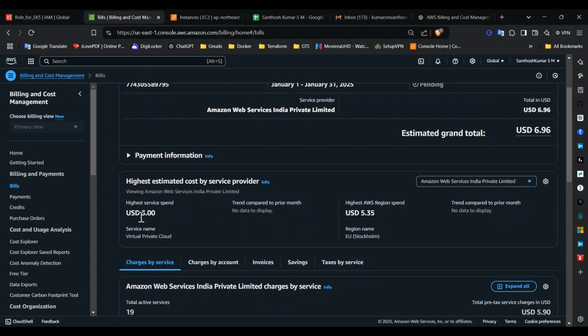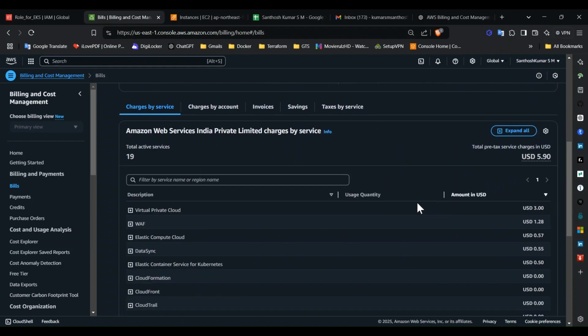Here you can see I have paid $3 for Virtual Private Cloud in the EU region, that is Stockholm. This is the region where I got the highest bill, which is $5.35.